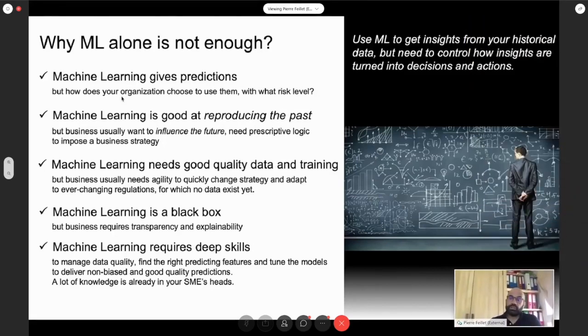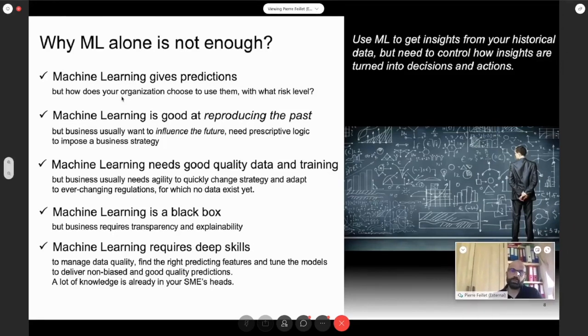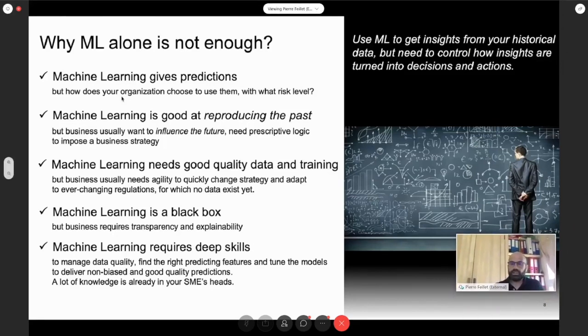For example, if you have a risk of a default for a loan repayment of 10%, this is your decision as an organization to set the level of risk that you want to accept, depending on your policy, depending on the level of competition on this market, and so on. So there are some elements of human expertise, human choices that you inject in this decision automation.